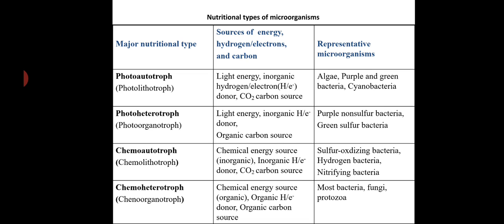Carbon is from an organic source, that is organic carbon. Examples are most of the bacteria, most of the fungi and protozoa, which come under this group of chemoheterotrophs.